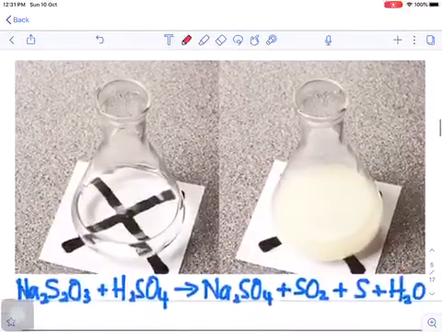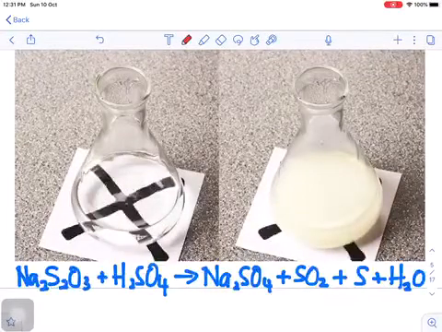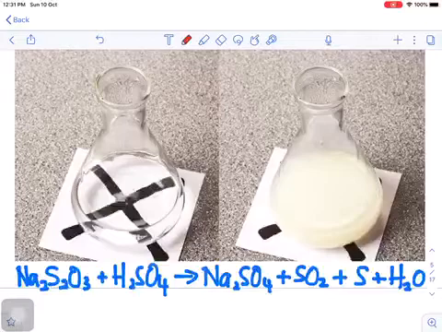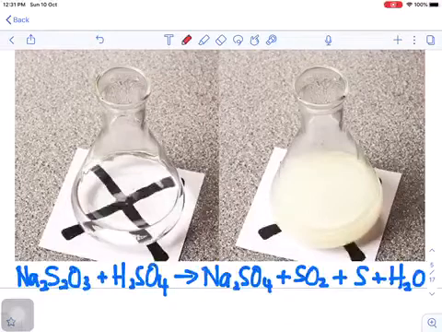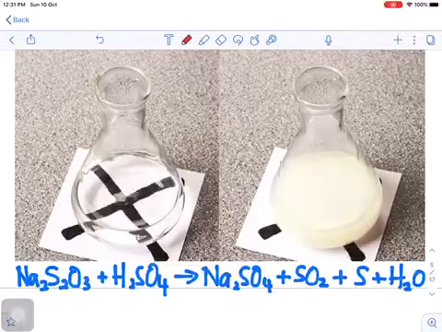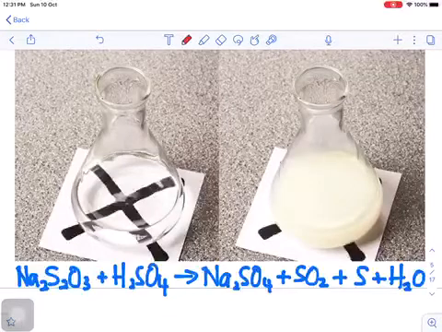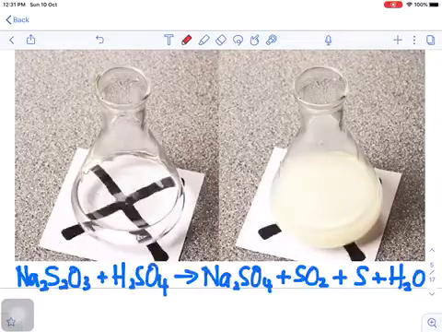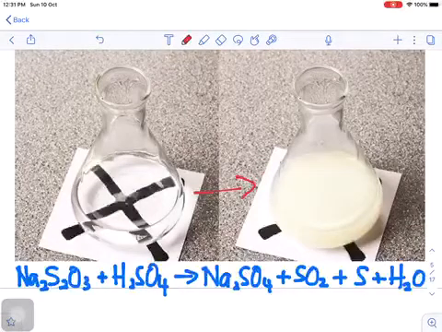So masa kita buat eksperimen ni, kita ada X mark on a piece of paper, and then when we add sulfuric acid, so what happens? Dia akan berlaku pembentukan precipitate, atau pembentukan insoluble substance yang akan block kita punya pandangan terhadap X mark. So dia akan jadi macam ni.